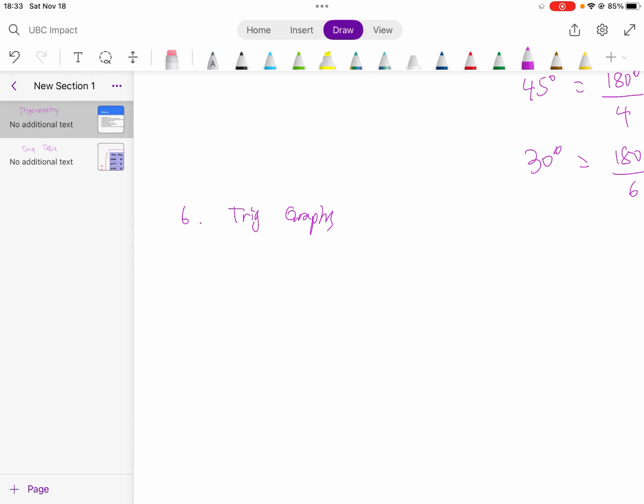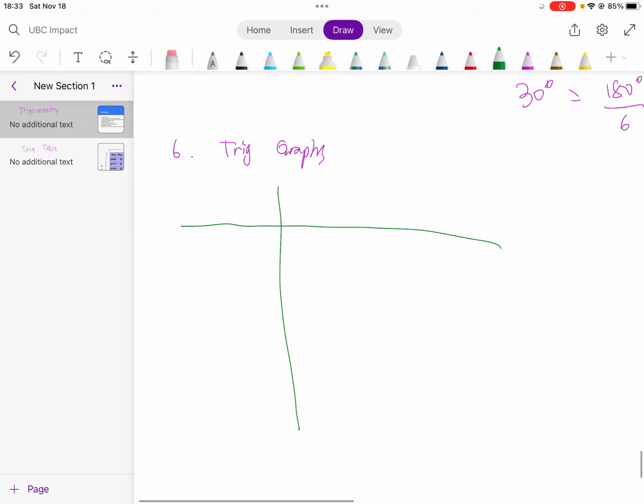So to understand trig graphs, we first need to understand what some common values are for degrees and radians for sine and cosine. So what we're going to do is fill out a table. The table goes like this.